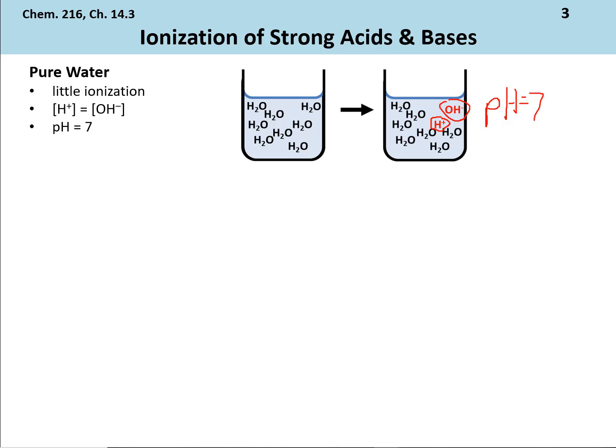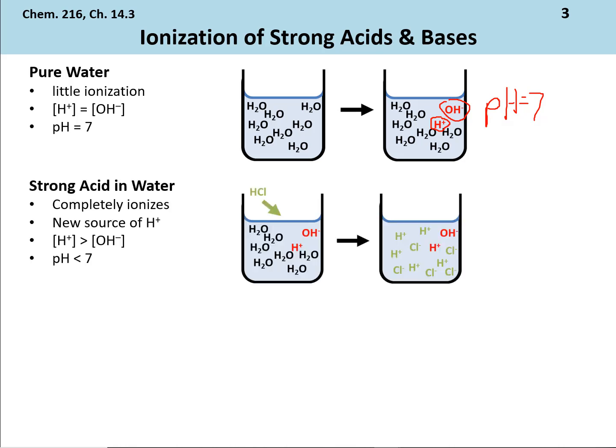Let's say instead we have a strong acid and we put it into that water. So I'm going to put HCl in there. HCl is going to completely dissociate. What that means is that my HCl is going to form H plus and Cl minus. So you can see once I put it in the water, I no longer have HCl.